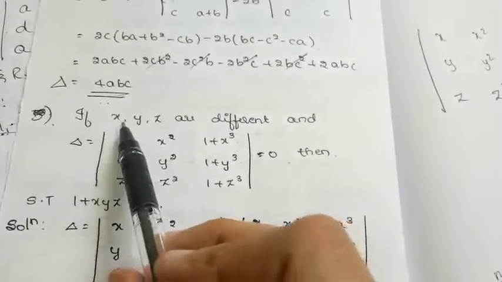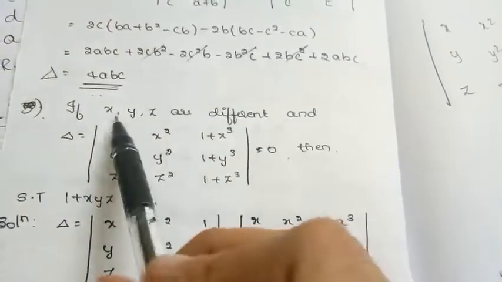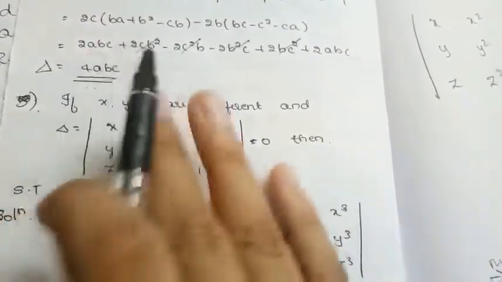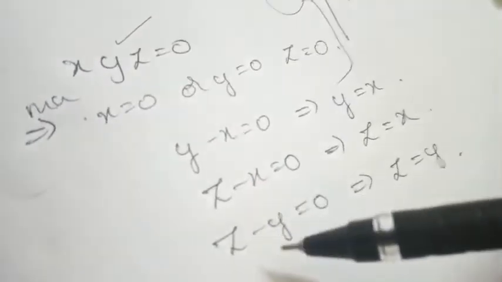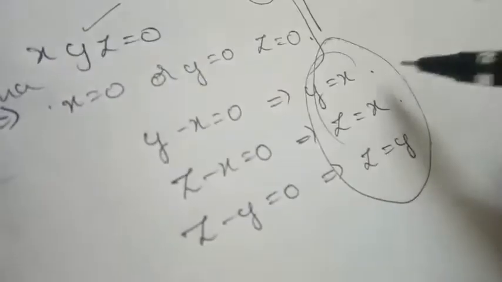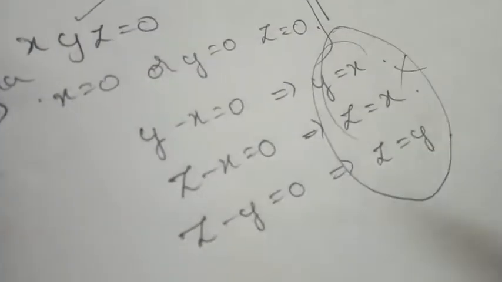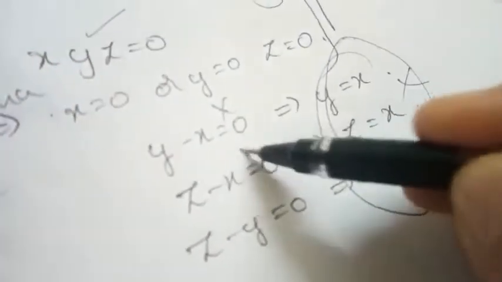But you can see in the question itself what they have said, x, y, z are different, meaning the values of x, y, z are not equal to any one of them, all three of them are different. So suppose if I take y minus x or z minus x or z minus y as equal to 0, it will show a contradiction to the given thing. So this one is not equal to 0.